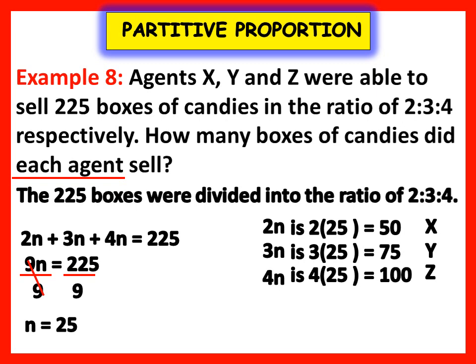It could also be decreasing for the first variable and decreasing for the second variable. But in inverse proportion, the first variable is increasing and the other variable is decreasing, or the first variable is decreasing and the other variable is increasing, and vice versa. But in partitive proportion, there is a partition of the given number.